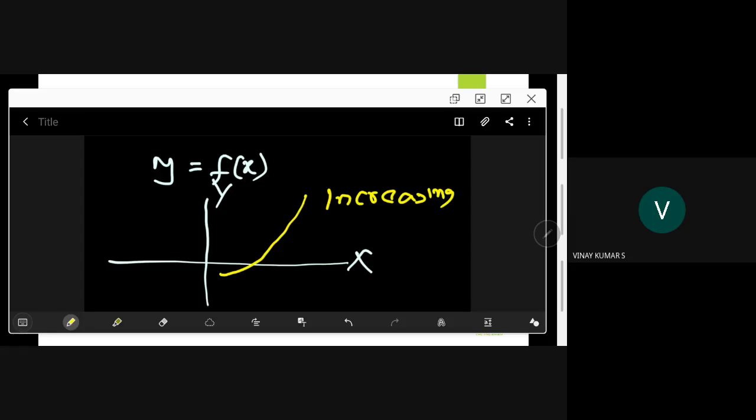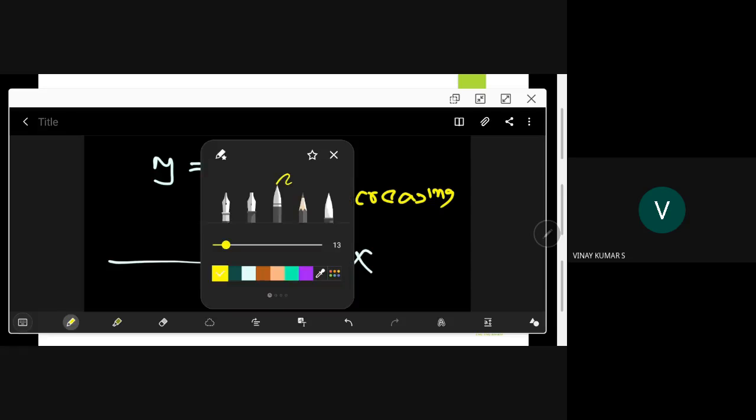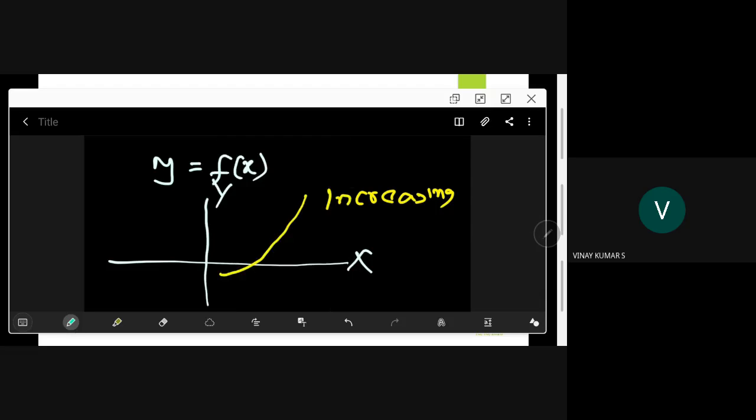And suppose you have another function, for example, I will give another function. If a graph is like this, almost parallel to the x-axis, something like this, then for some time the same value is maintained and then it is increasing.